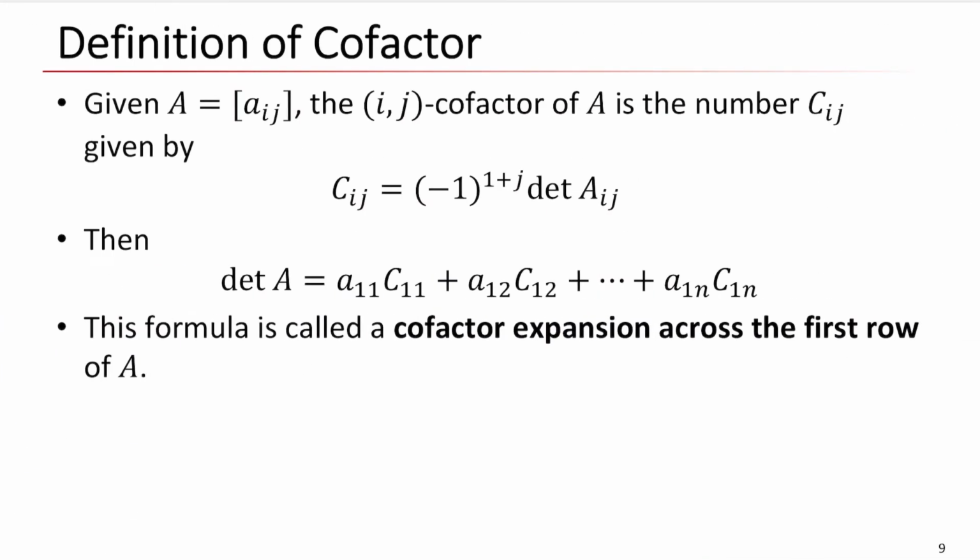To compute the determinant more efficiently, we introduce a cofactor. So what is a cofactor? The i, j cofactor of matrix A is a number Cij. The Cij is equal to something like this.